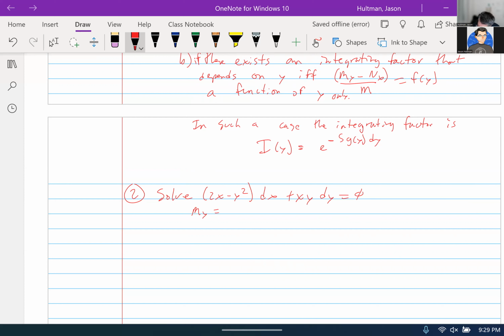That's the partial on M. So this is M, this is N. The partial of M with respect to y is going to be negative 2y. N_x, the partial of N with respect to x, is just y.